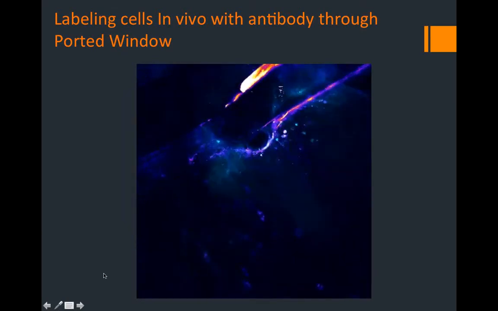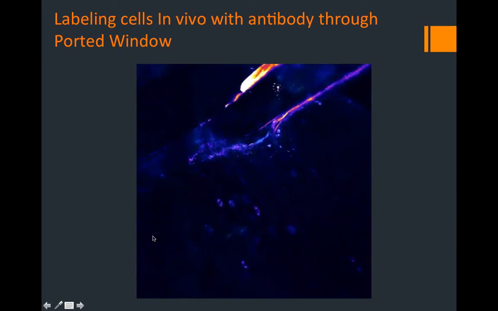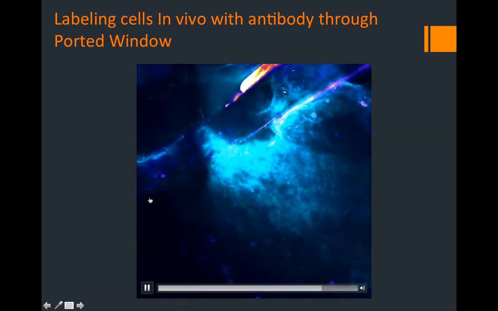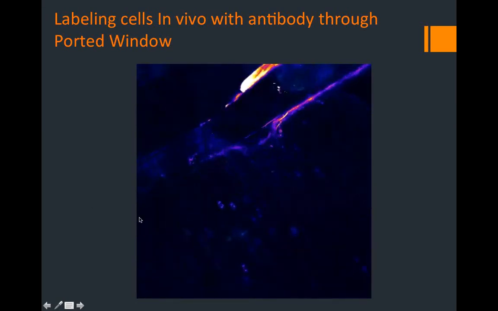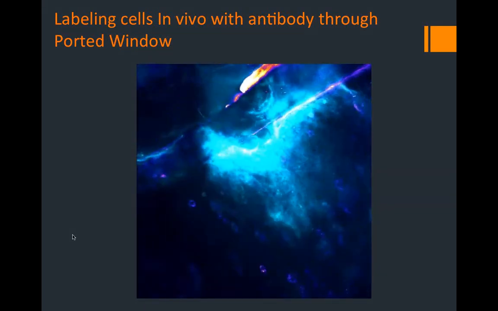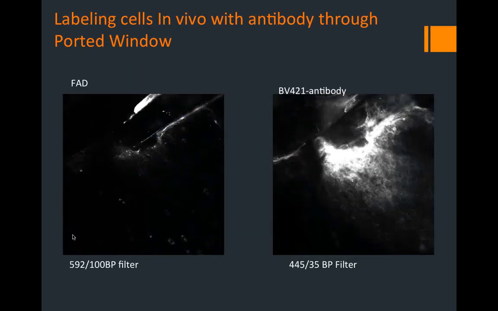By using brilliant violet dye, we were able to spectrally separate out and locally inject, temporally and spatially, where we wanted to look underneath the tumor microenvironment. By using brilliant violet 421, which is a blue dye, we were able to spectrally separate out FAD high cells from this dye itself, so we could ask the question, where are these co-localizing?